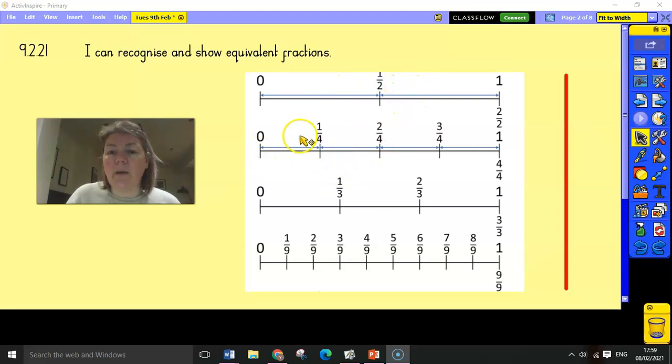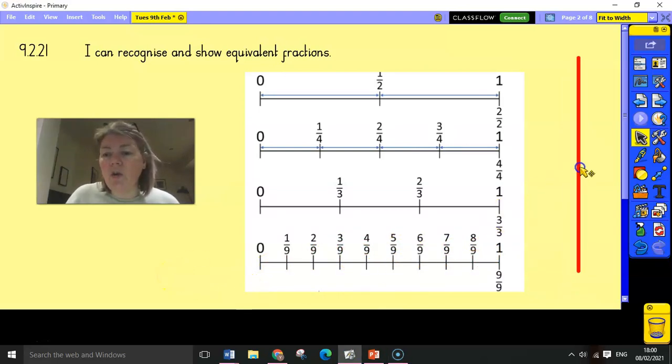The next one down, we can see that we've got 4 equal parts. So we're thinking about quarters here. On the third number line, we've got 3 equal parts. So we're working in thirds. And down here on the final number line, we can see that we're working in ninths. Our denominator tells us how many parts our line's divided into, and we can see that we've got ninths here.